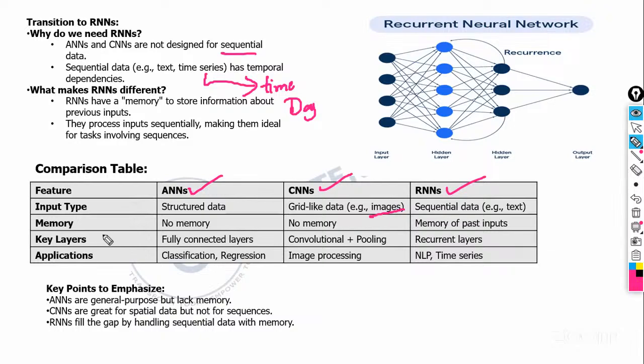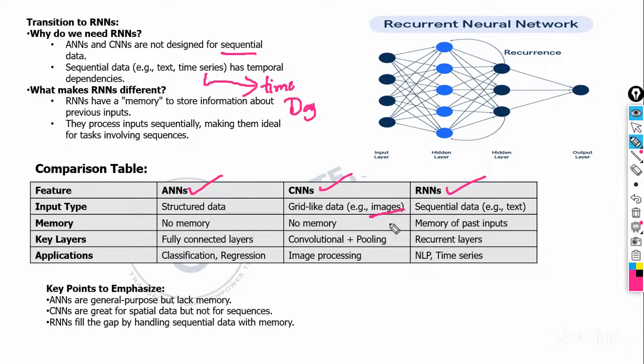Then, what are the key layers with respect to these neural networks? Obviously, a fully connected layer. Each and every layer present in ANN will be a fully connected layer, the dense layer we observe. But when it comes to CNNs, the key layers are the convolutional layer and the pooling layer. The main operations in CNNs happen in the convolution and pooling layers.